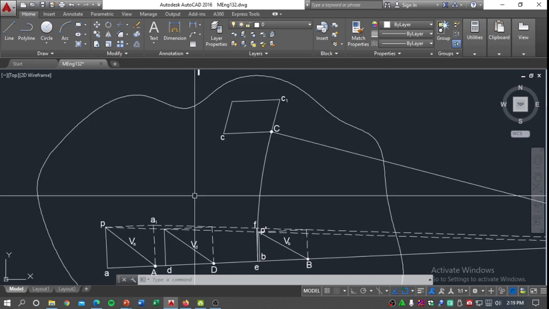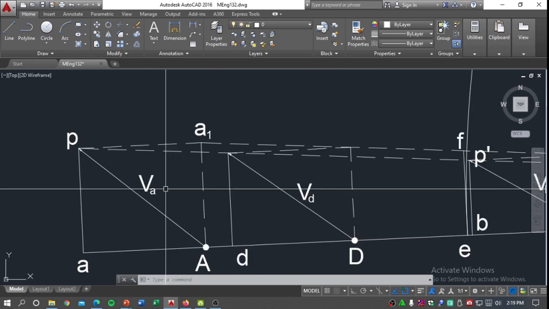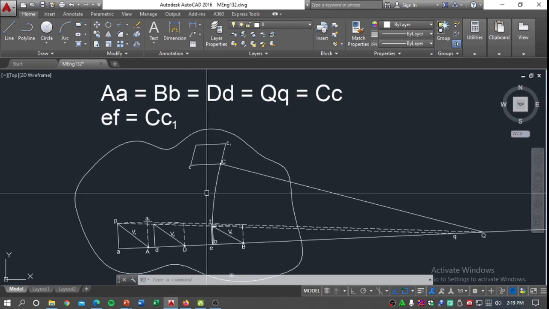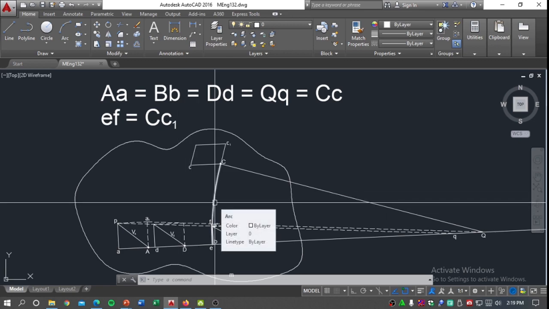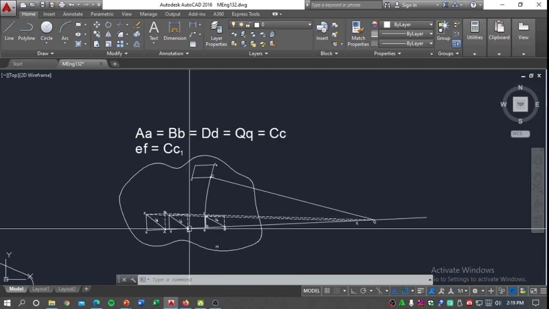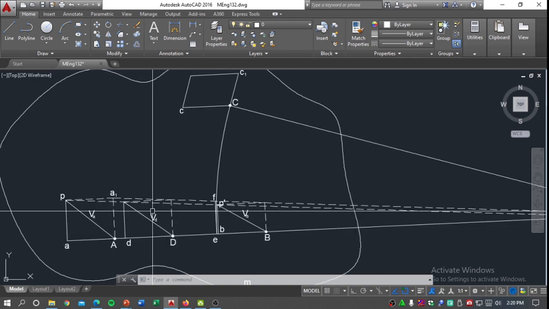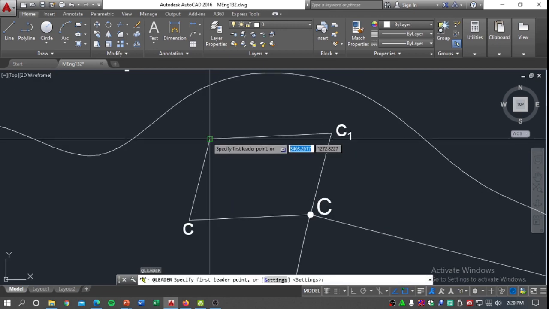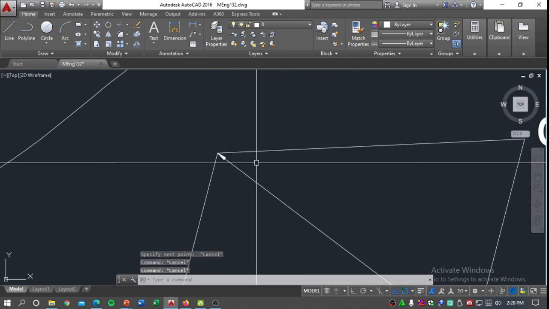So since the direction of the velocity vectors for A, B, and D are going to the left, therefore the direction and sense of the velocity of point C should be the same with the sense and direction of the three points A, D, and B. Thus, we'll have to draw an arrowed line from these to this.